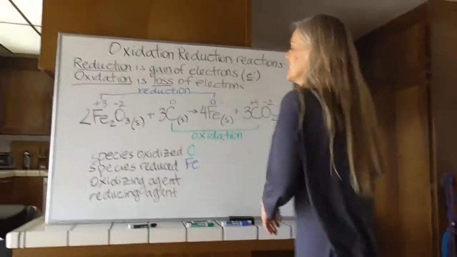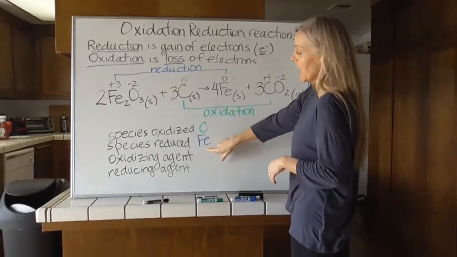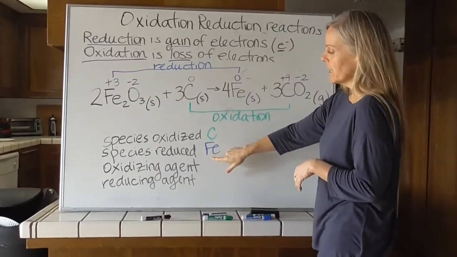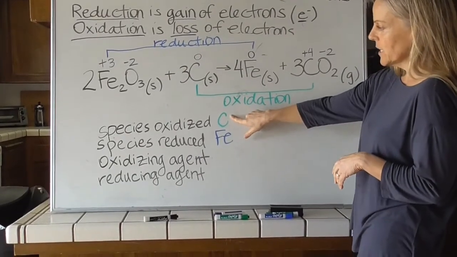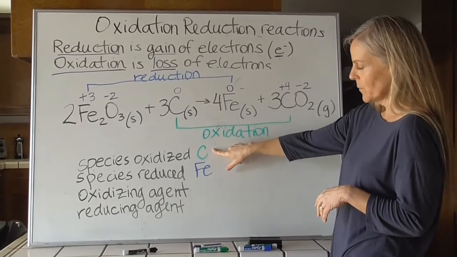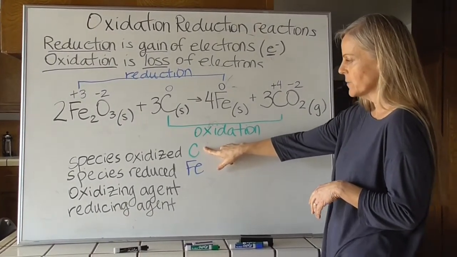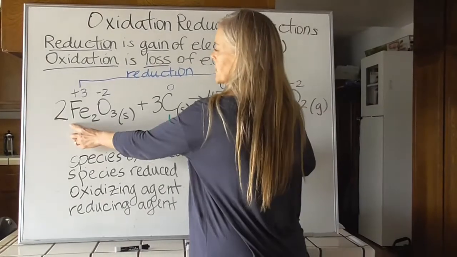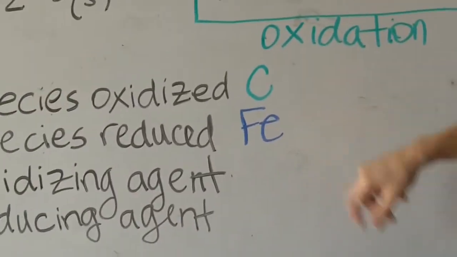Okay, so I think you settled in. So the oxidizing agent is what caused the carbon to get oxidized. What caused the carbon to get oxidized was the iron being in there to get reduced.